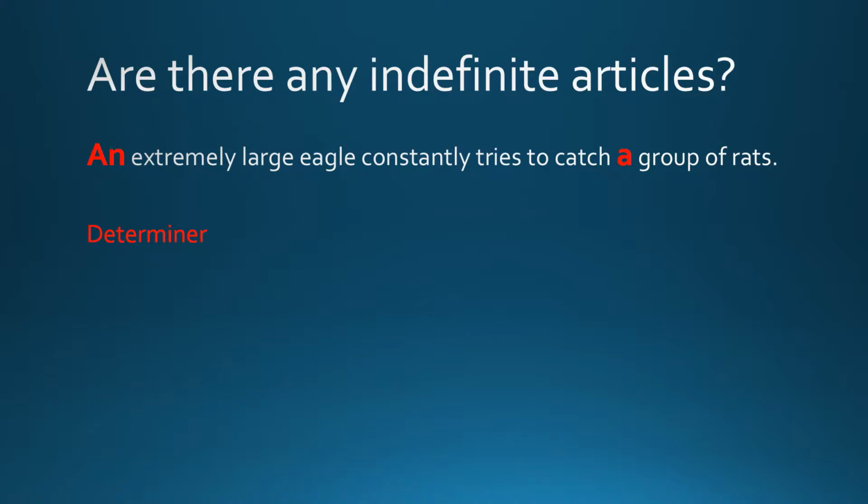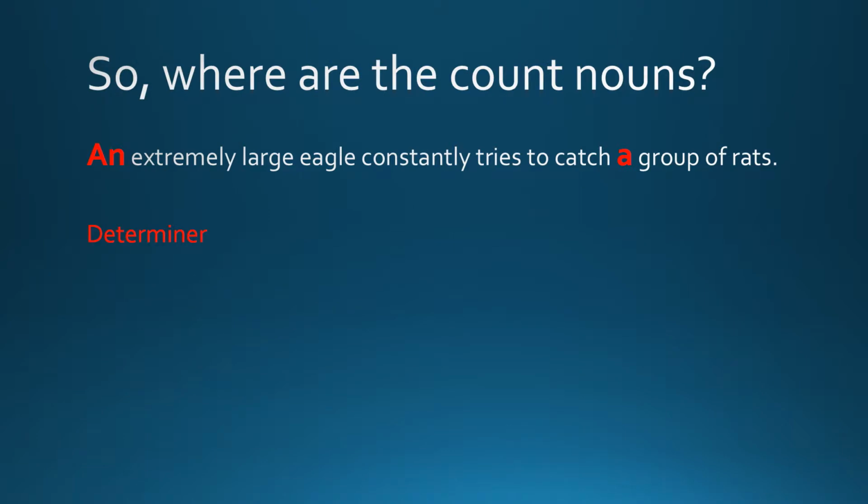And because they are indefinite articles, they already tell us there must be count nouns with them, because an indefinite article can only occur with a count noun, and any noun that occurs with one must be a count noun. So let's have a look. So where are they? Well, an goes here with eagle. Yeah, so we're talking about an extremely large eagle, so an eagle. So eagle is the count noun that goes with an.